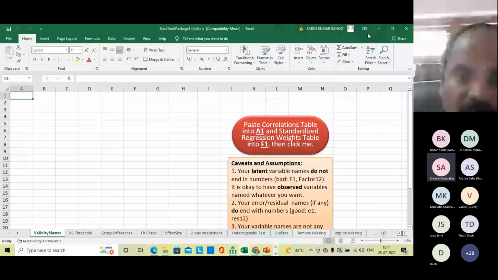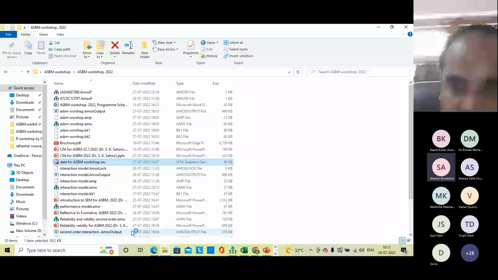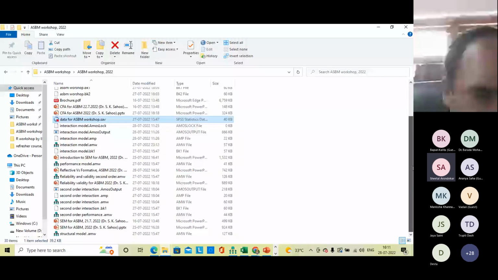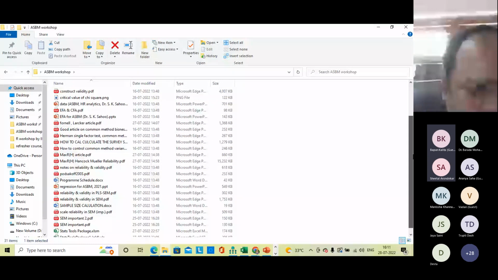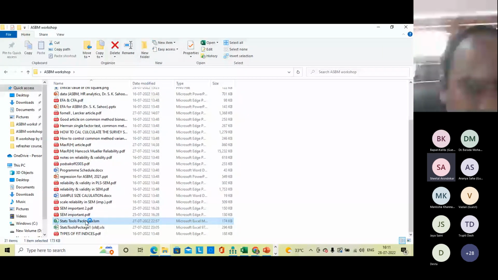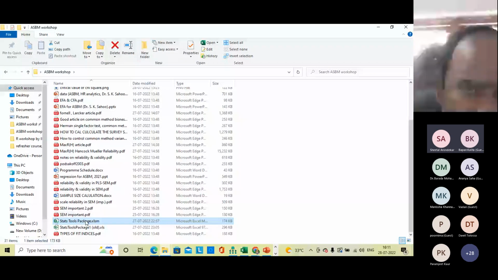Let me open the new Excel sheet also, to see whether it is written A2 or not. If it is written A2, then there is no problem at all. You can go ahead with A2.